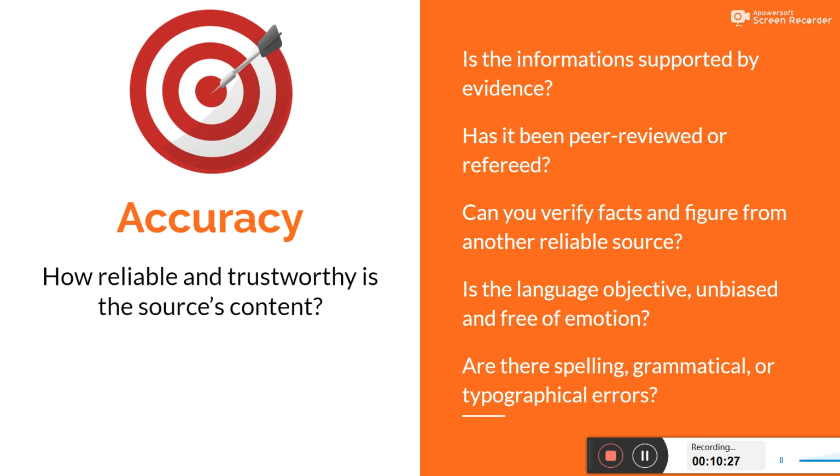Websites that have a lot of spelling or grammatical errors are often just for opinion, and when we're doing an inquiry, we can't rely on opinion to back up our answer to the inquiry question.